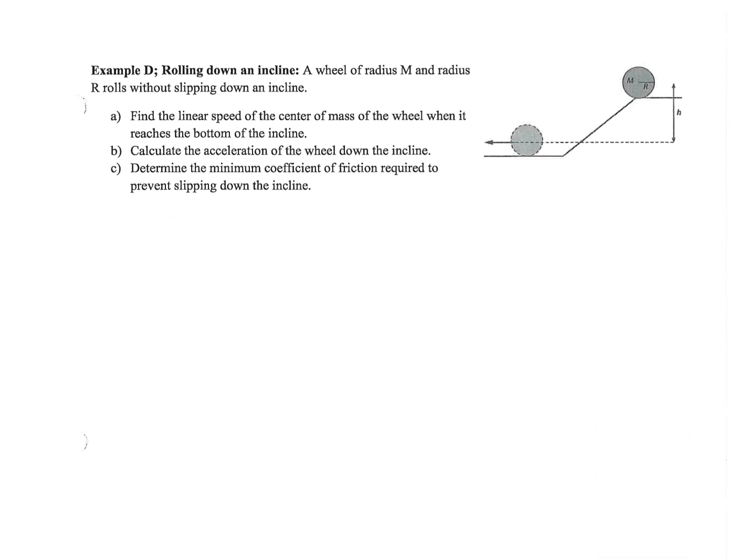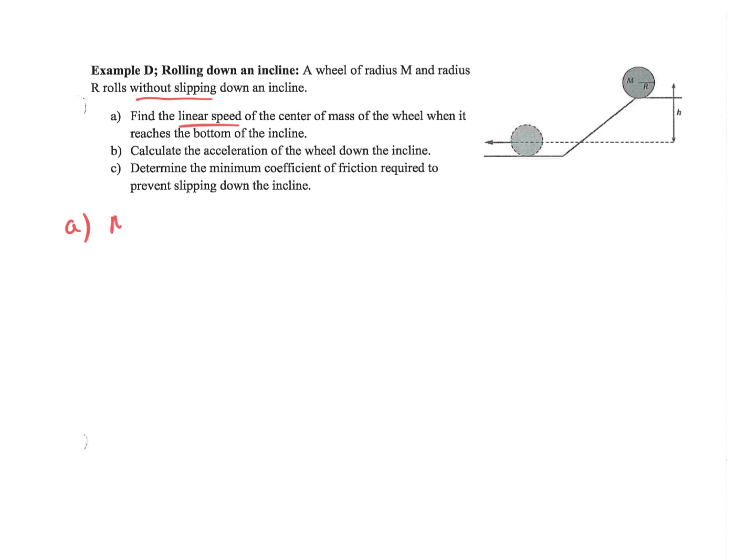Okay, now let's look at rolling down an incline and talk about what happens in that case. If we're rolling down an incline, we've got a wheel starting, and it's going to roll without slipping down the incline. So what we know is this: find the linear speed at the bottom for the center of mass of the wheel.